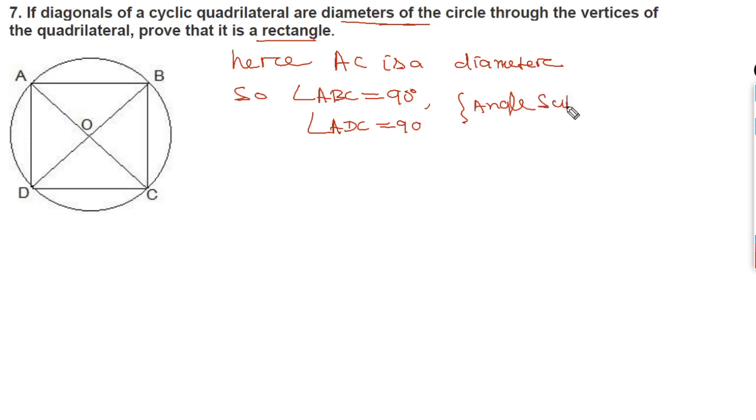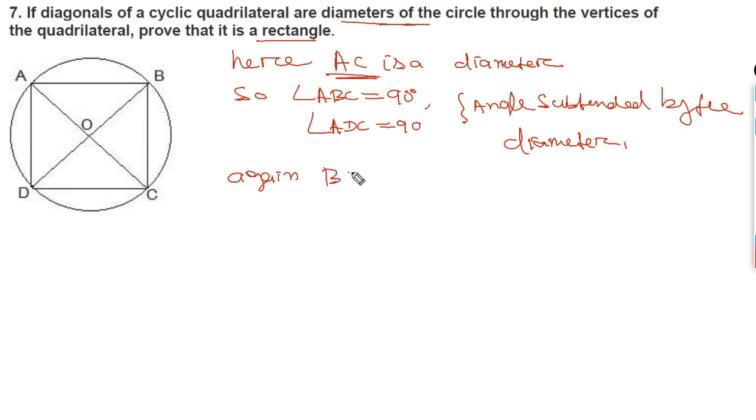Angle subtended by the diameter. Now again, AC was a diameter. Again BD is also a diameter.